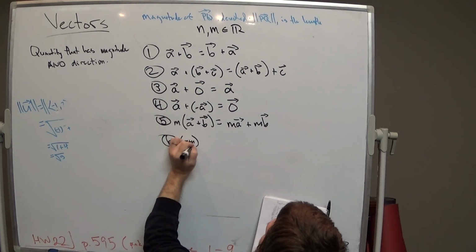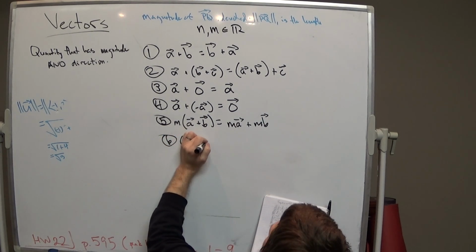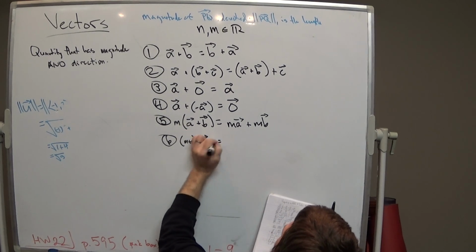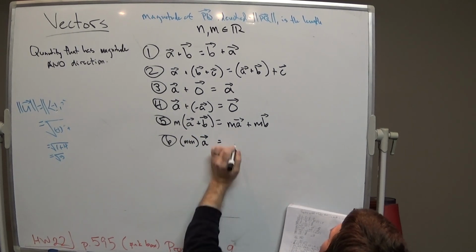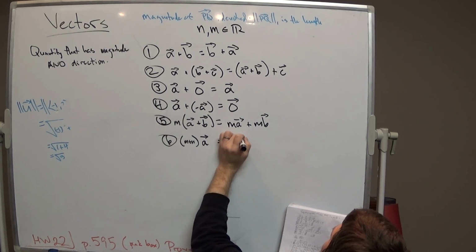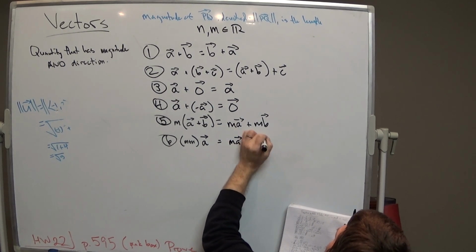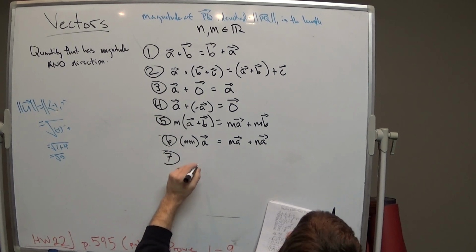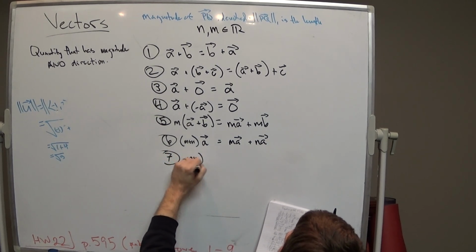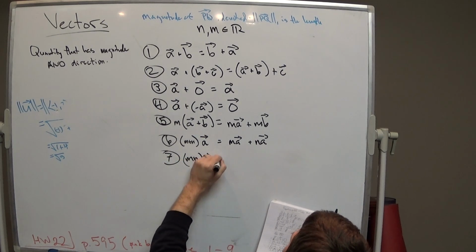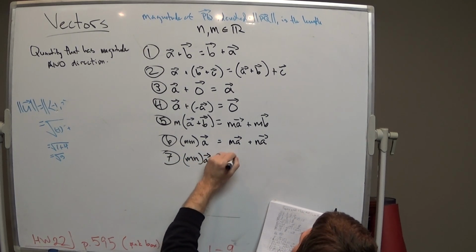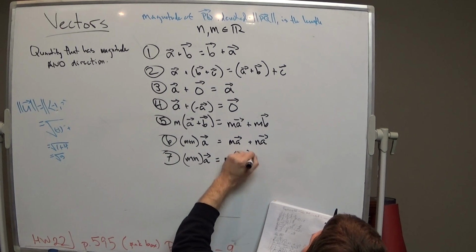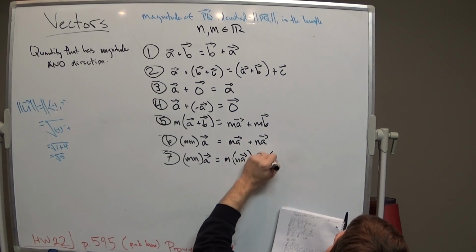M plus N times A. Any guesses? MA plus NA. That's right. 7. This one's stupid. MN times A is equal to M times NA, which is equal to N times MA.